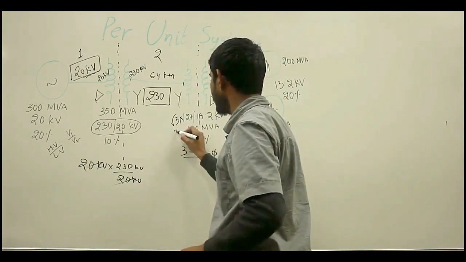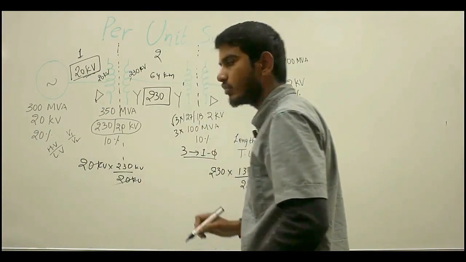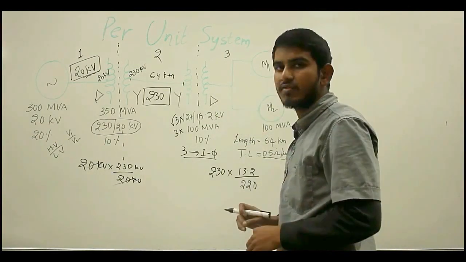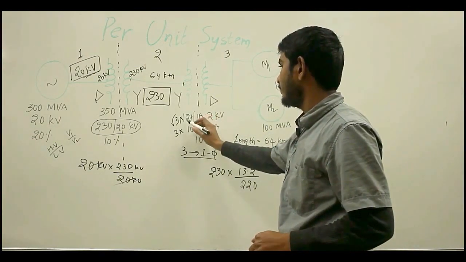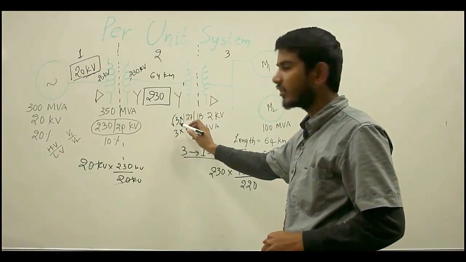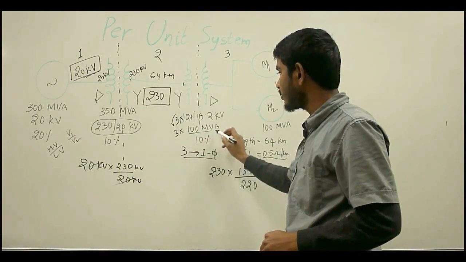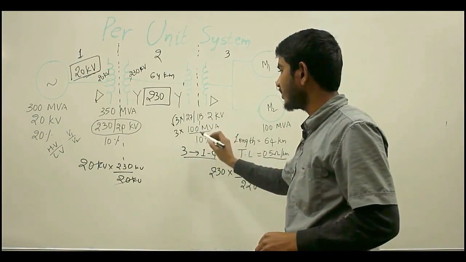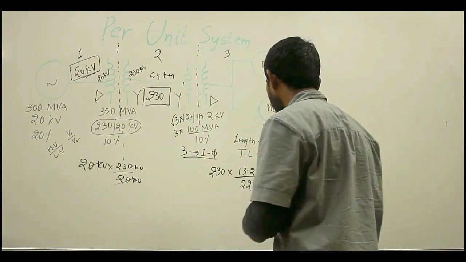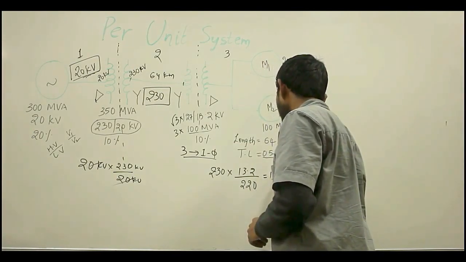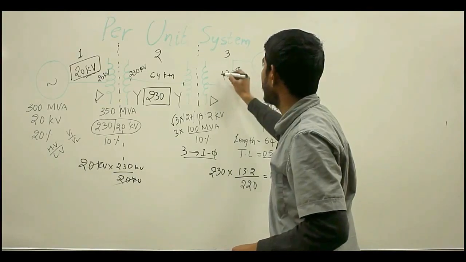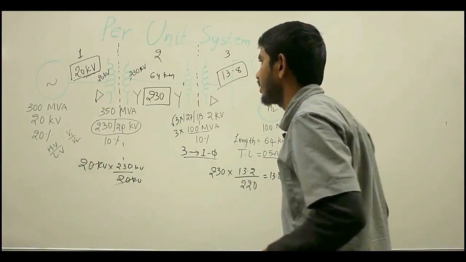And if I multiply the three phase power, it will be 3 into 100, so 300 MVA. As this is composed of three single phase transformers, this is the phase voltage, and to convert to line to line voltage I have to multiply by root 3. This is one phase transformer of 100 MVA, so three transformers means 3 into 100 MVA. So here I get 13.8 kV, so in this region I am having 13.8 kV as the base kV.